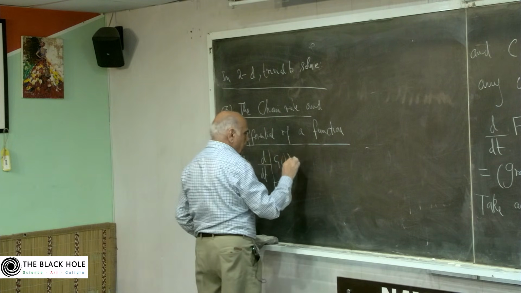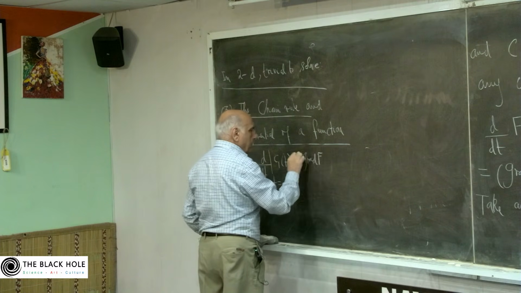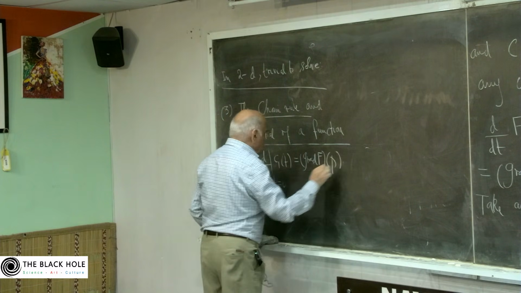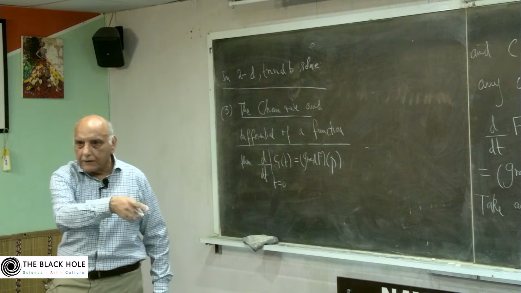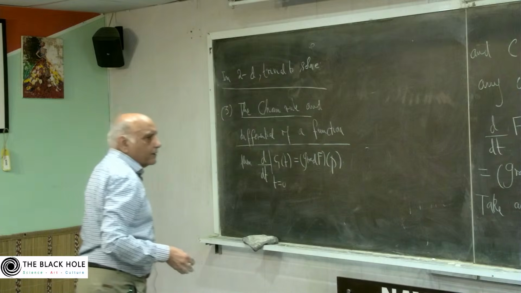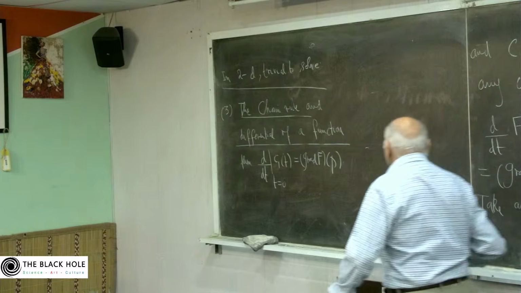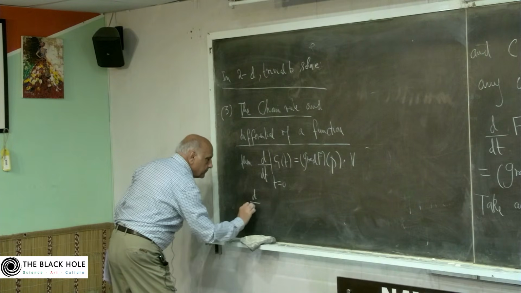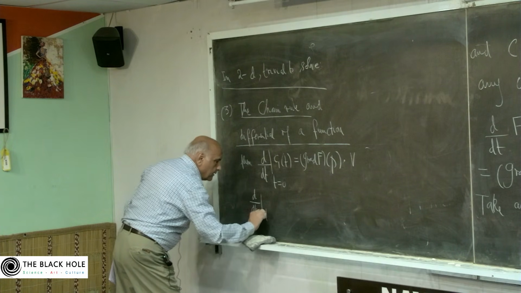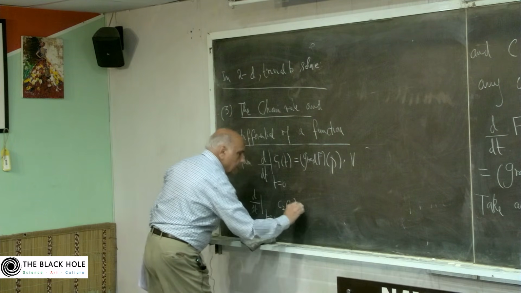It was the gradient of f at P dot C1 prime at t equal to 0, which was your vector V, right? C1 prime 0 is equal to C2 prime 0 is equal to V. So this is gradient dot V, and d by dt of f of C2 of t is again the same, right?